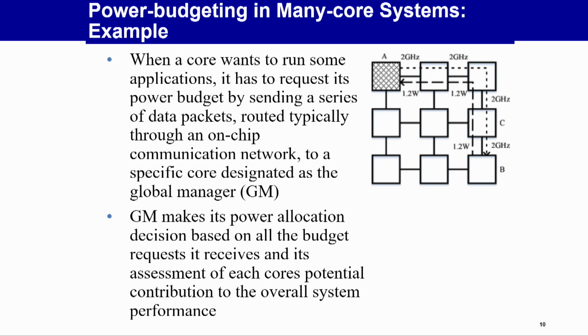In real systems, do they work with one manager and the others as slaves, or with some different mechanism? Mostly, in the many-core systems presently available, it is like this: there is a manager that manages everything.